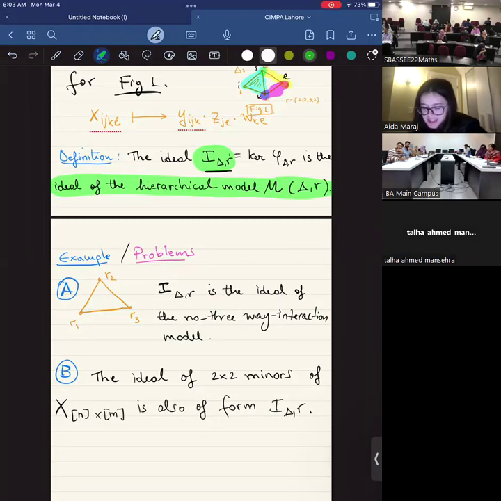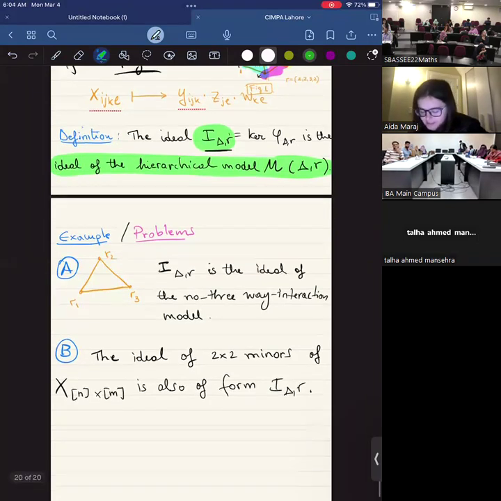If we take the simplicial complex to be the triangle, the 3-cycle, the not filled in triangle, then when you write down the map, you will get exactly the map we wrote down for the no three-way interaction model. And when we talked about the 2x2 minors, I claim that also comes from some hierarchical model, and you can tell me what Δ and R are in that case.